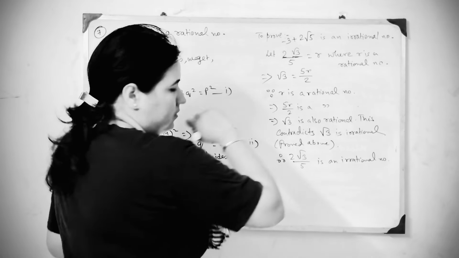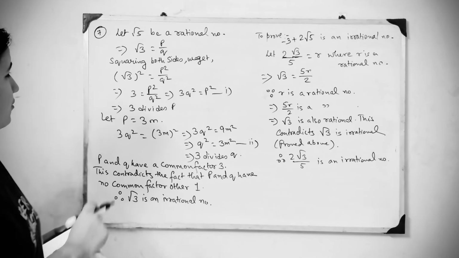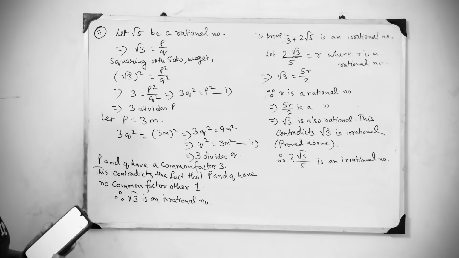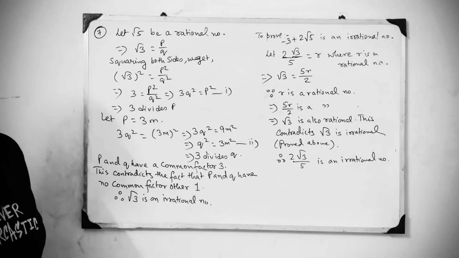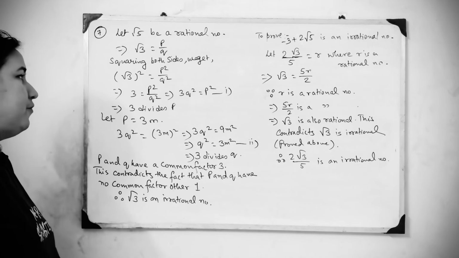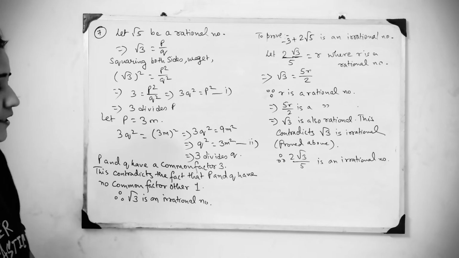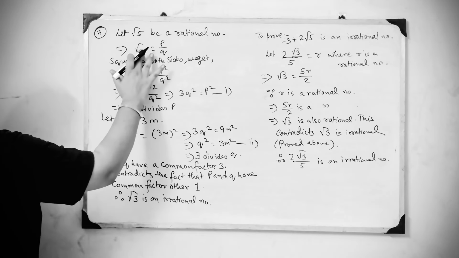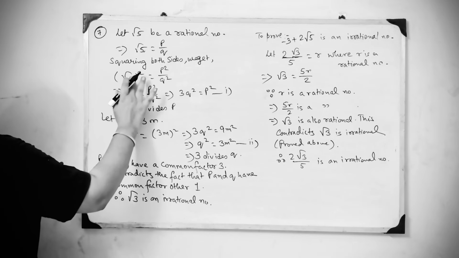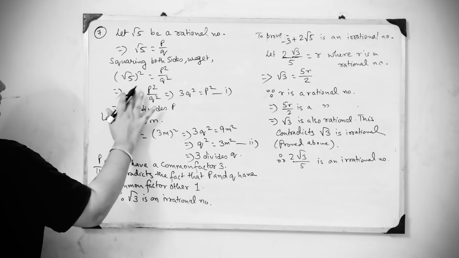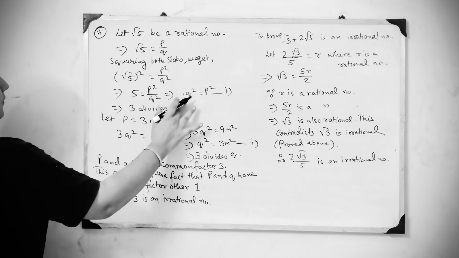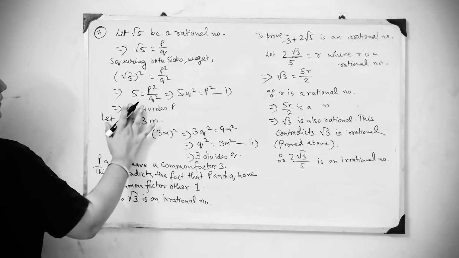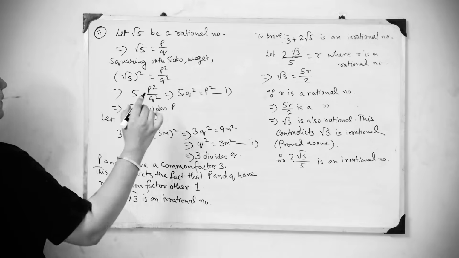A few things I need to edit, but you have to show it and do it separately. Here I'll take root 5. Root 5 whole square becomes 5. So we can write 5 divides p.